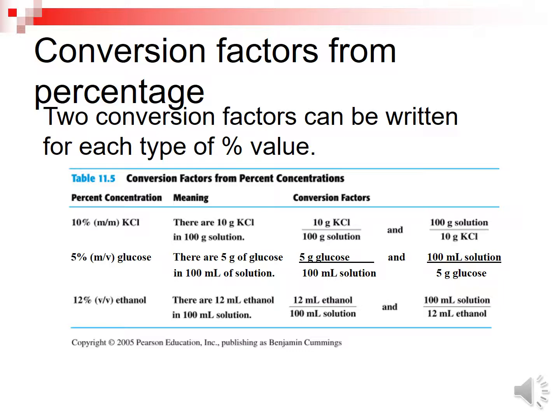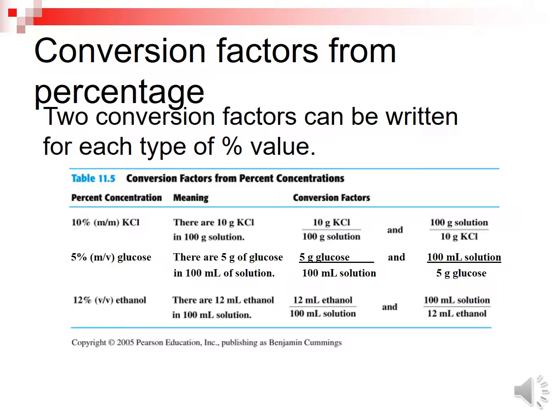So there are actually two conversion factors that can be written for each type of percent value. Let's say you have a 10% mass over mass KCl. You could use the conversion factor 10 grams KCl over 100 grams of solution, or you could flip it and have 100 grams of solution over 10 grams of KCl.